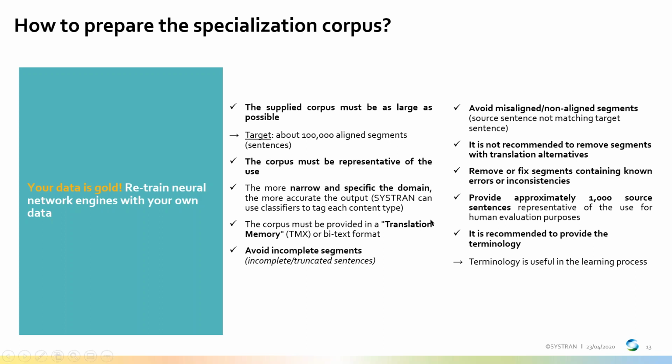Part of this advice can be performed only manually, such as removing segments containing translation alternatives. But as for incomplete segments or misaligned segments, there are automatic scripts and tools which can be used to remove these, with still, of course, a proportion of segments which would not be caught by the scripts.